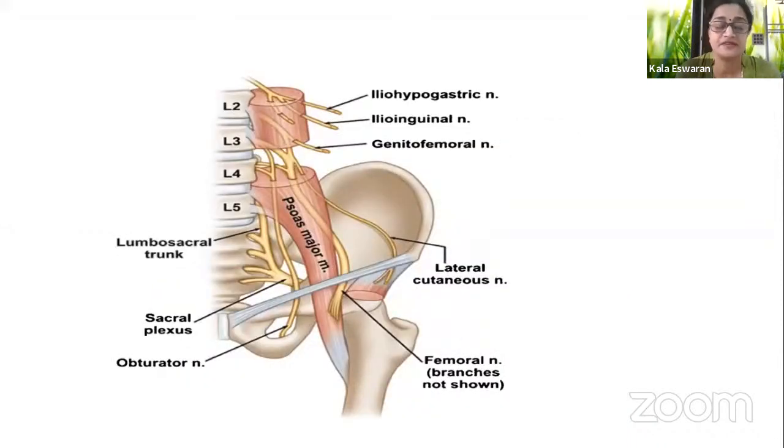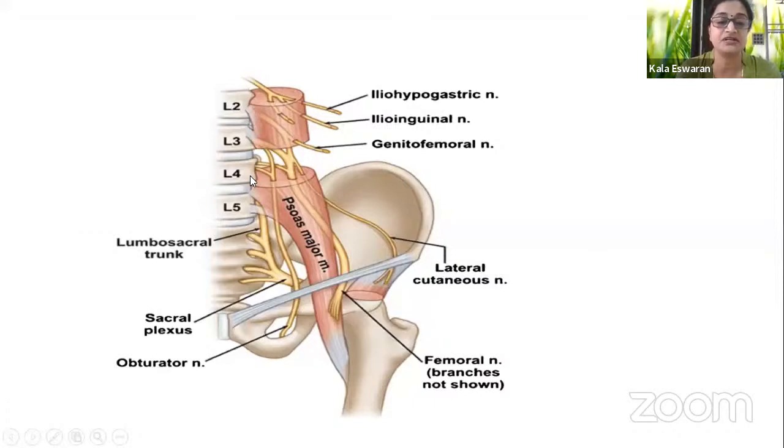The femoral nerve is the largest branch of the lumbar plexus, originating from the posterior division of the anterior rami of the L2, 3, and 4 nerve roots.